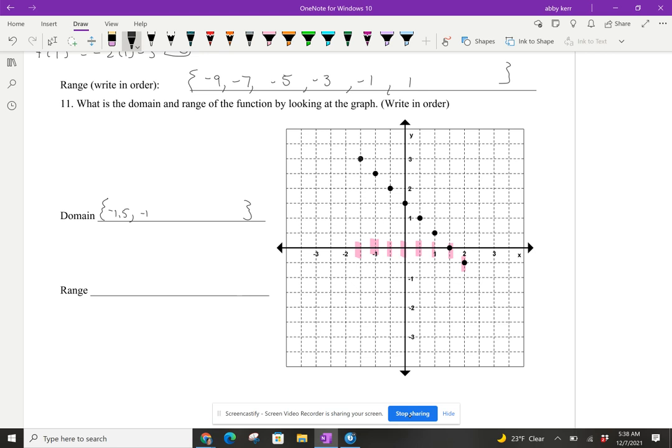This point is -1. This is -0.5, 0, then 0.5, then 1, 1.5, then 2. Now if you want to write the ordered pairs out, you can. You can do it in a table. It's up to you.